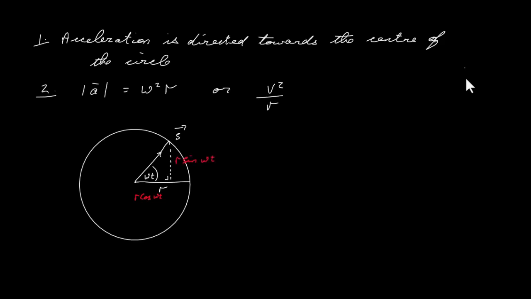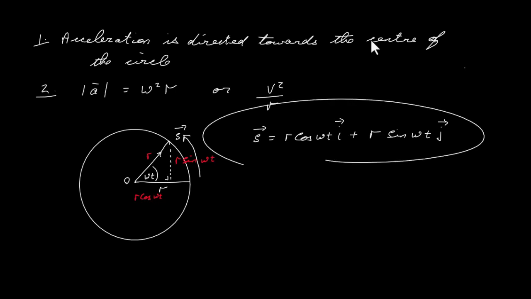We know that the particle is going to be here, so its position relative to this point here, let's call it O, is going to be s, and its position vector is going to be r cos omega t in the i direction plus r sine omega t in the j direction. So this is our position vector of our particle after it has travelled in an anti-clockwise direction at an angle of omega times t.